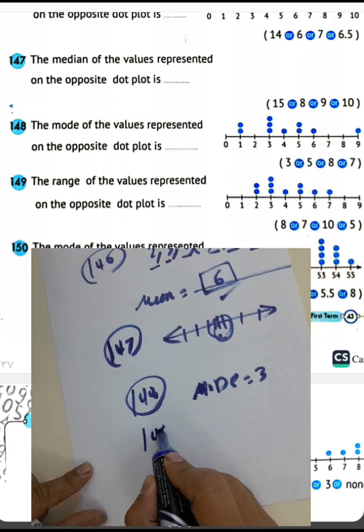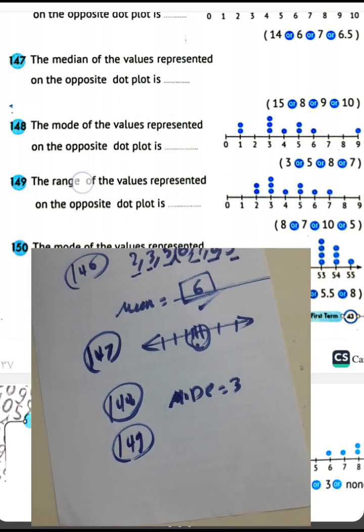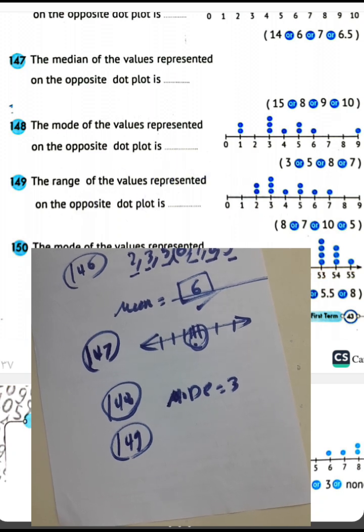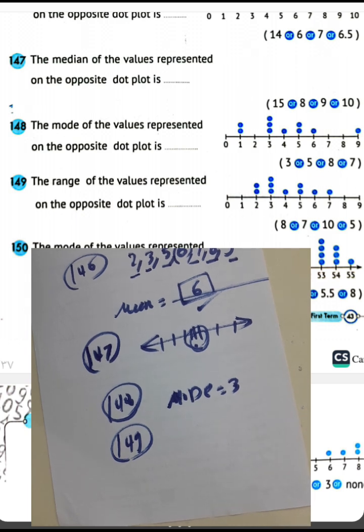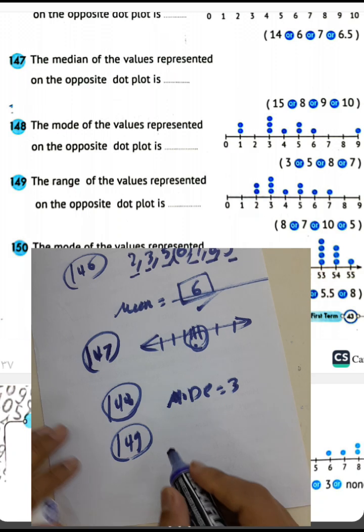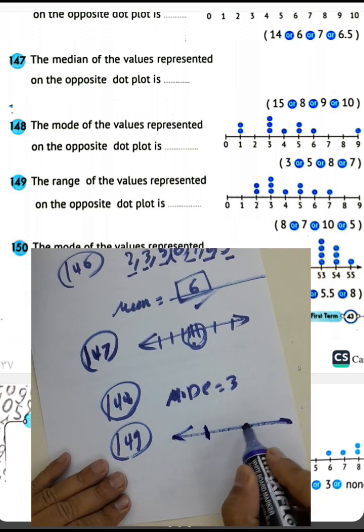Question 149. The range of the values represented in this dot plot. We can find the range: the greatest number subtract the smallest number.